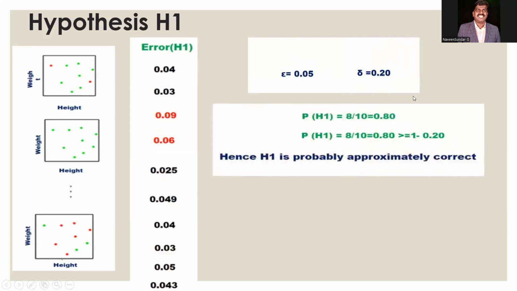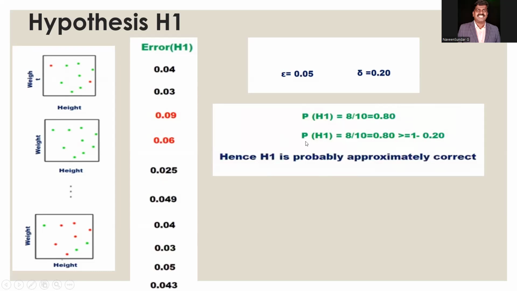Let us see how we find the probability of hypothesis H1. Out of 10 data samples, 2 are abnormal, so we are taking 8, that is 8 divided by 10, the total number of data samples. We can say this is 0.80.